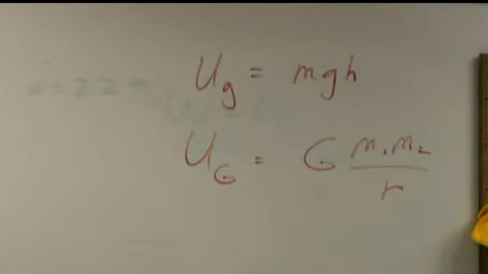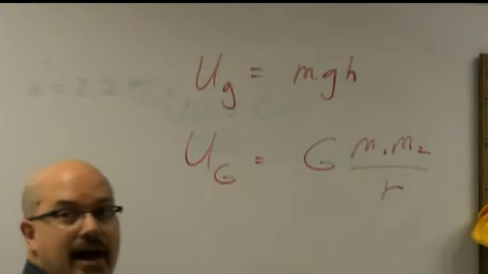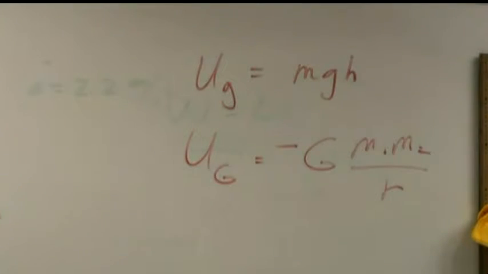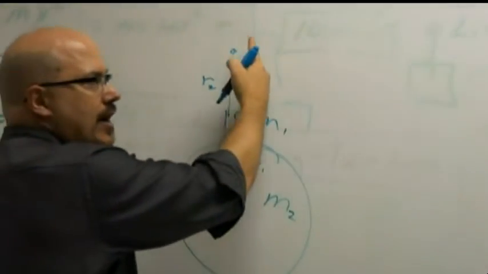Sorry. Now I messed up my negative sign. I double accounted for my negative. This is supposed to be negative. Here's where I messed up. The force of gravity is in this direction, and the work is this direction.